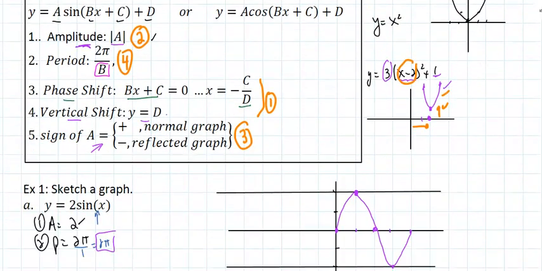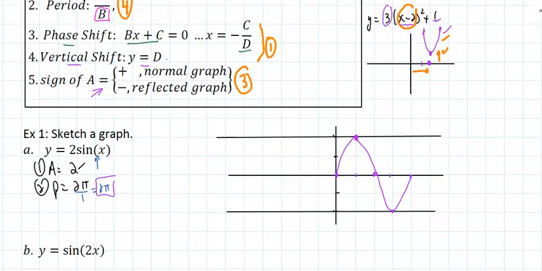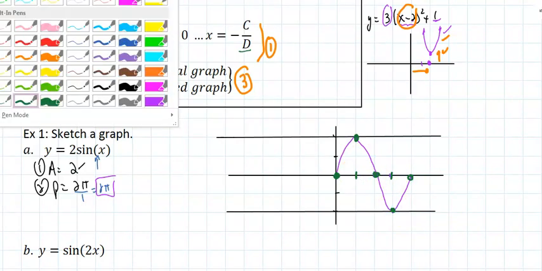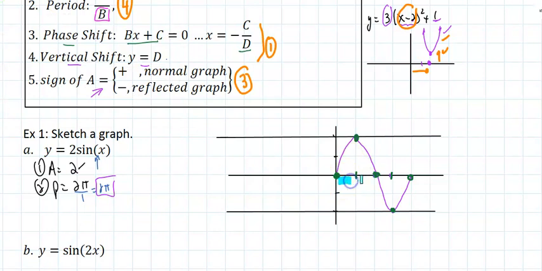So, when I look at the main points that I need to label, I need to label where the graph crosses the x-axis, and where the graph hits the amplitudes. Those are always equidistant. And since there are 1, 2, 3, 4 of them, it would be best to figure out what this is. And since there are 4 parts, take the period and divide it by 4.